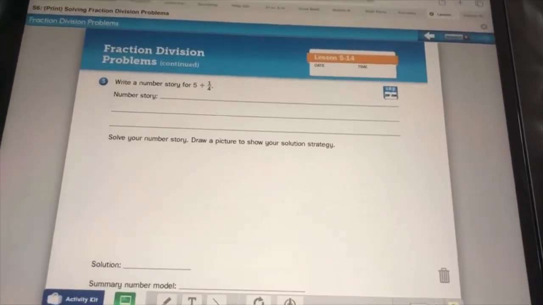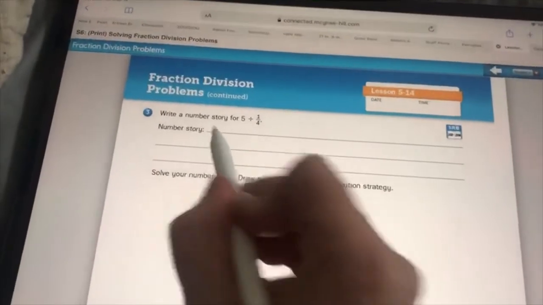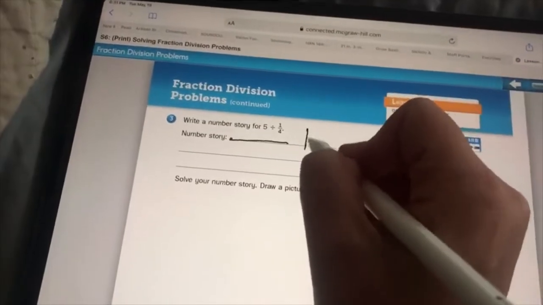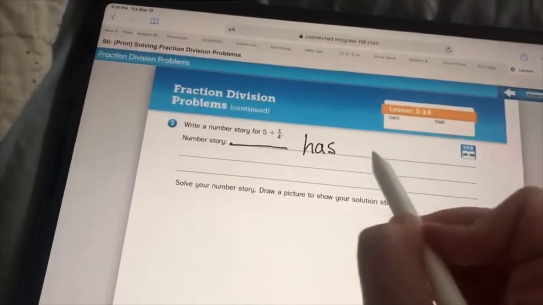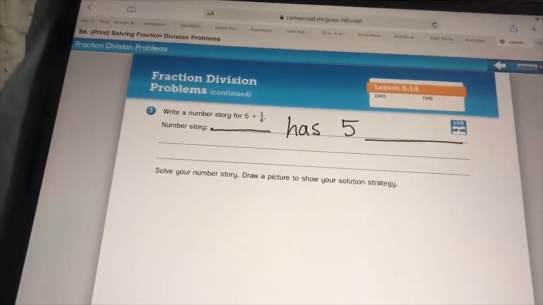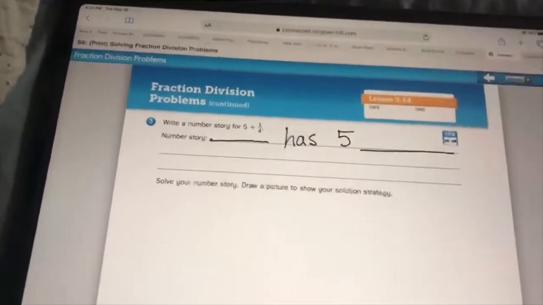Now remember that keyword pieces. So I might say, blank has 5 something. So you're going to fill in blank.